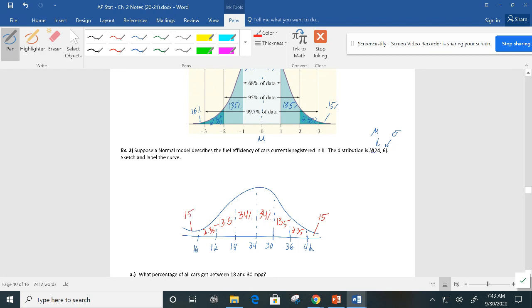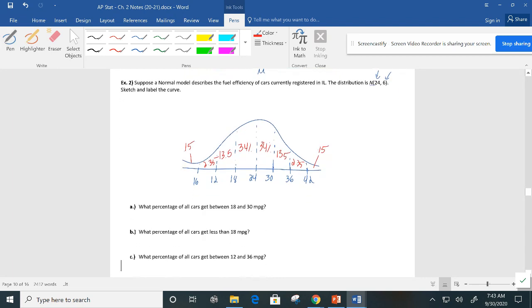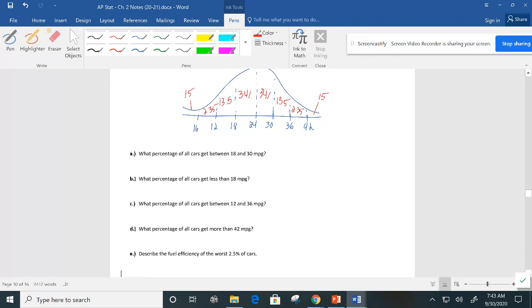This is something that you should memorize, whether you memorize it as 68, 95, 99.7, or the values that follow here. You have to know the normal curve percentages and the empirical rule. So let's answer the questions in part A. Actually, we're going to go through this in class, but at least you have the curve that's drawn there now.